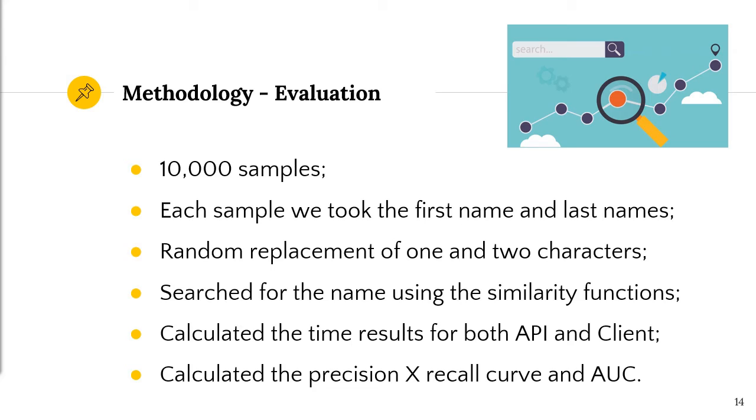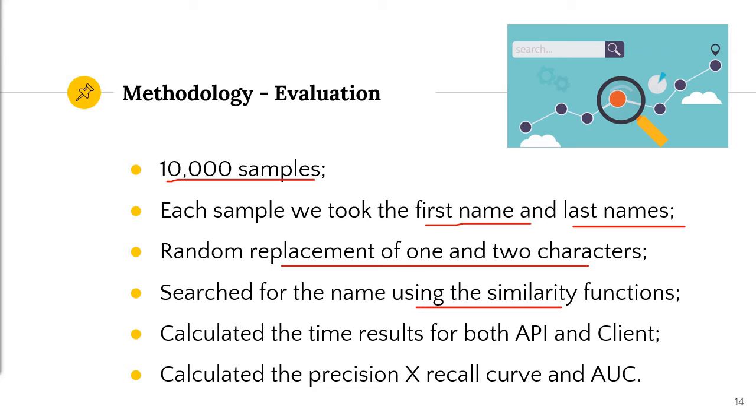The evaluation consisted of using 10,000 samples. For each sample, we took the first and last names, ignoring any middle names. In the first and last names, we replaced 1 and 2 characters randomly. With the generated name, we made a search with a limit of 20 documents.